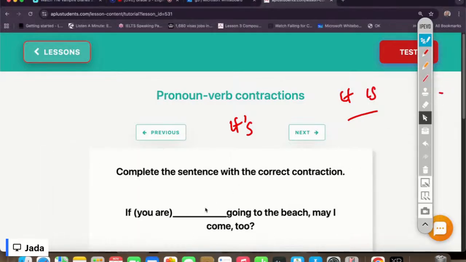Okay. So we have, if you are going to the beach, may I come too? So you are. What's the contraction of you are on the chat?